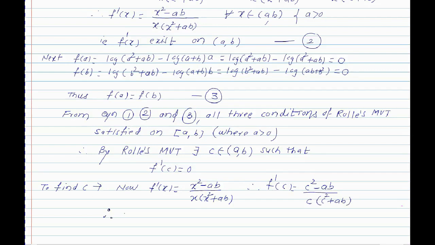Therefore f dash c equal to 0 implies that c square minus a into b upon c into c square plus a into b is 0.